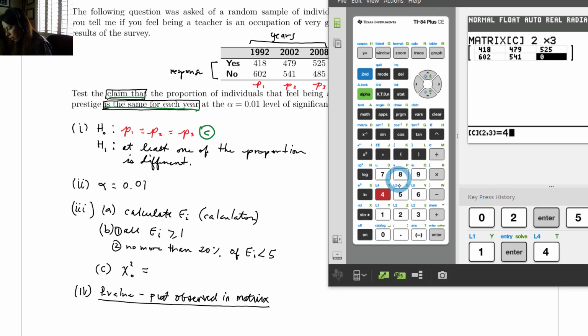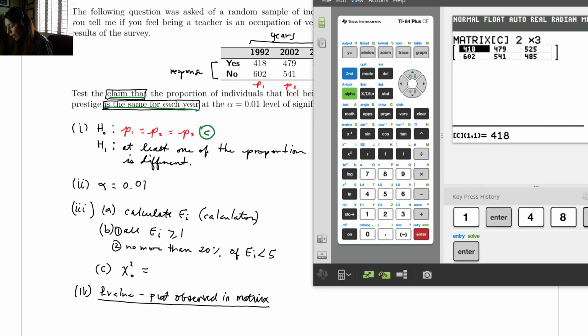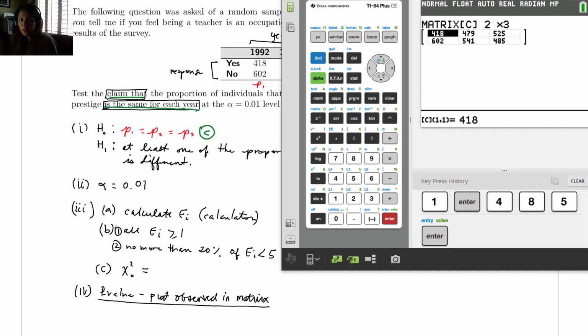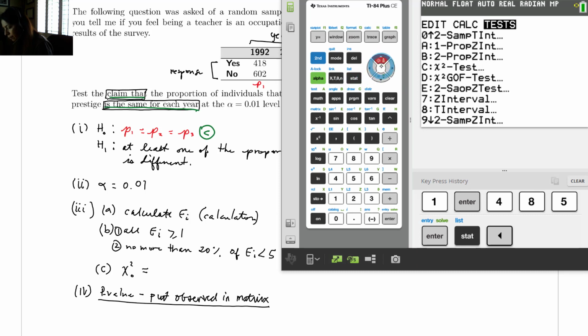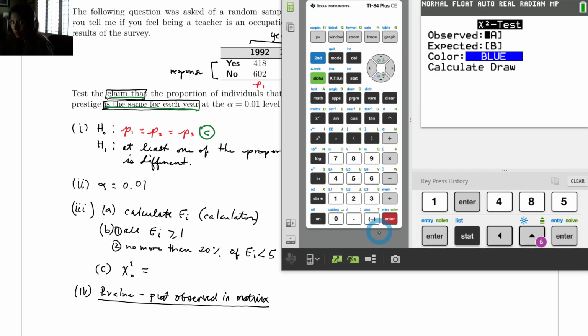Okay, so since the test is going to be the same as in the previous section, which is chi-squared, let's go ahead and do that. Let's go to second test, chi-squared, which is C. Enter. And my observed is not A anymore, right? My observed is that matrix C. So let me grab it.